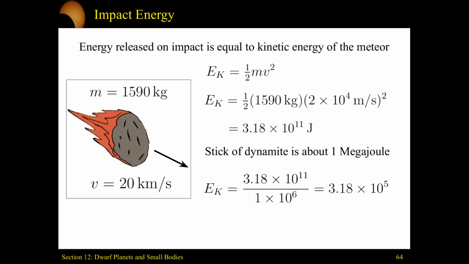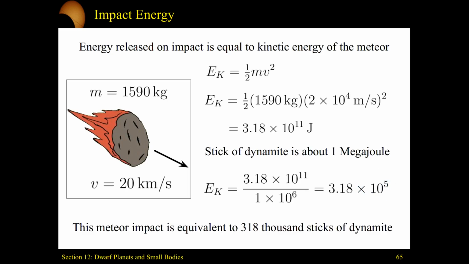That one stick has what is called 1 megajoule of energy, or 1,000,000 joules of energy. So if I recast the energy of the meteorite that is crashing into our planet in terms of megajoules, that 3.18 times 10^11 joules divided by 1 megajoule is equal to 3.18 times 10^5, or about 10^5 sticks of dynamite. Let's get our units right, because this is joules, this is the number of joules per stick of dynamite, so here's a stick of dynamite's worth of energy.